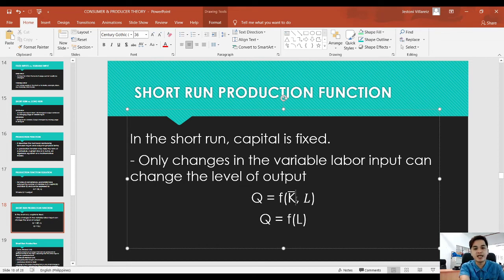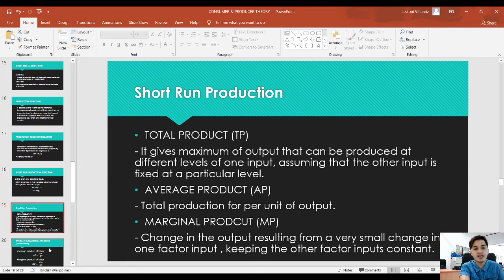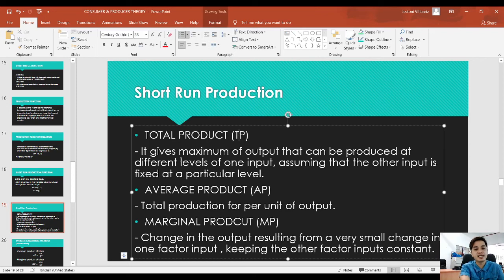Given that our capital is fixed, our output is just a function of our labor, where Q is equal to a function of L. Given that, our productivity measures take this form. Total product, or TP, gives us the maximum output that can be produced at different levels, so this is equal to Q, the total output.